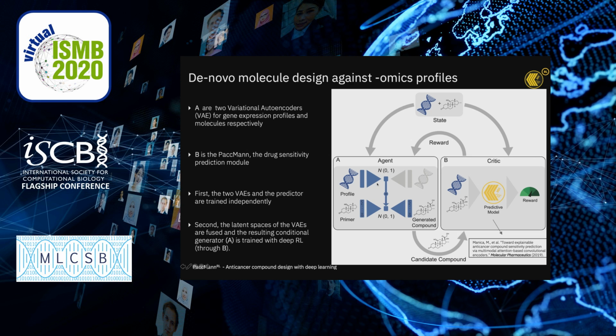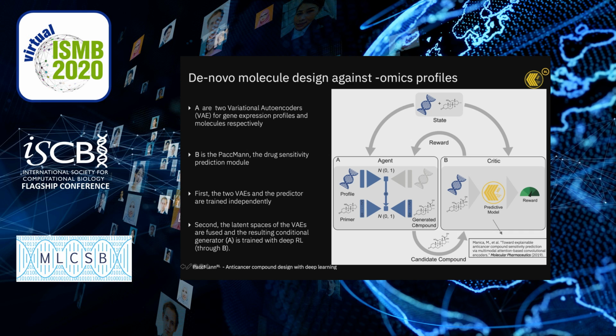With this hybrid VAE, we can use the encoder of the profile VAE in order to encode an omics profile of interest, and then we can decode it with this molecular decoder in order to generate some compound, where this variational constraint in the bottleneck layer ensures that this decoder will actually generate something meaningful.